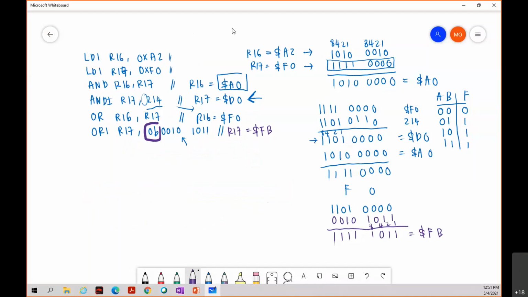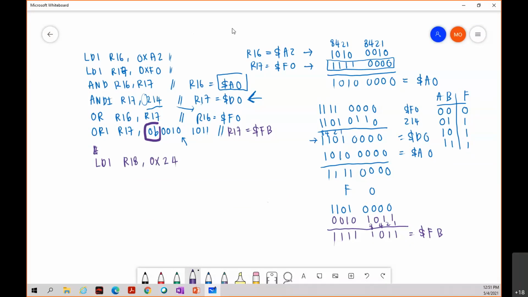Before we do this, we need to know about the logical exclusive OR. Let's say I put another register, like LDI R18, 0x24, for example.